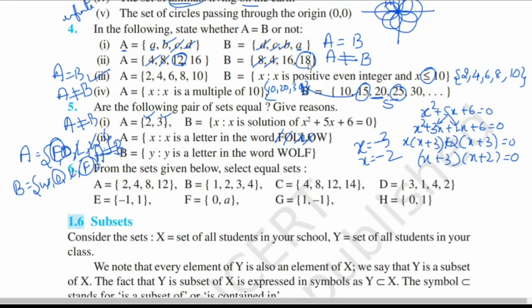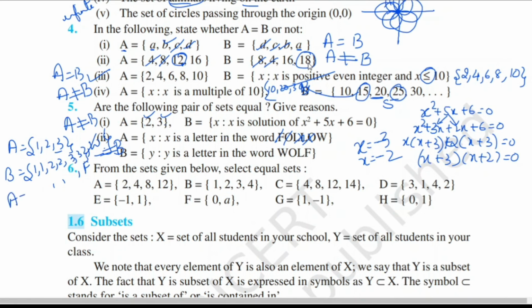Okay children, I would like to mention one point in this case. I'll just take one moment to explain. This is important. If A has 1, 2, 3 and B has 1, 1, 2, 2, 3, 3, are they equal?